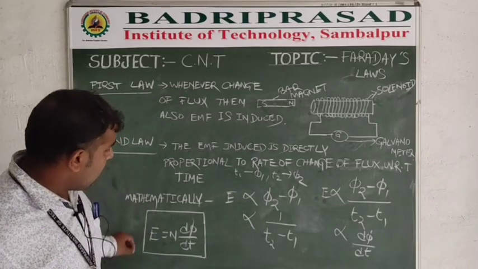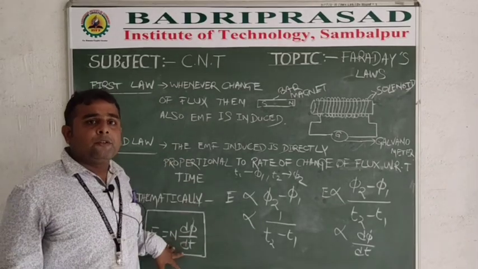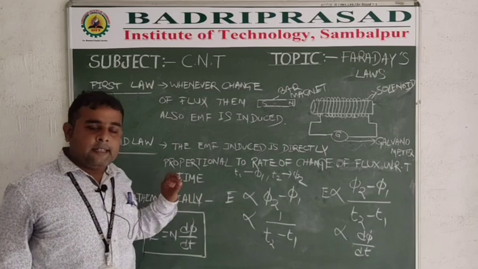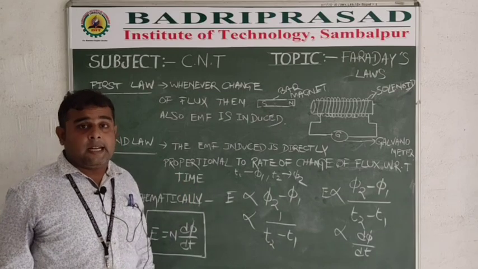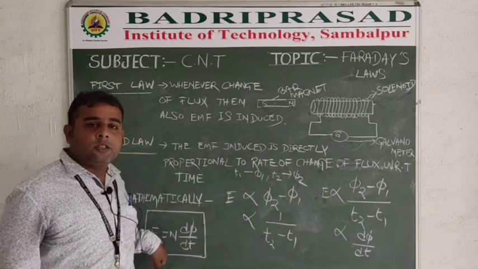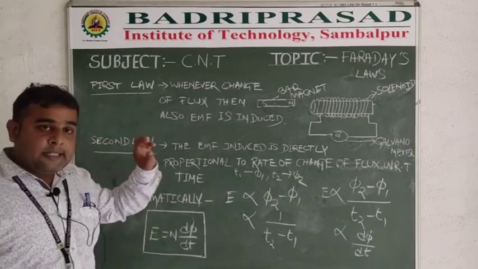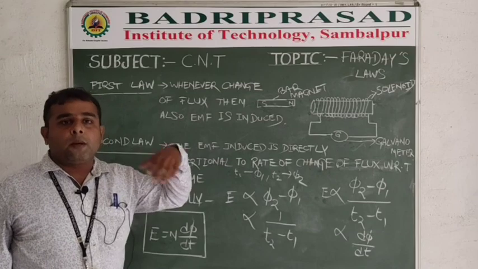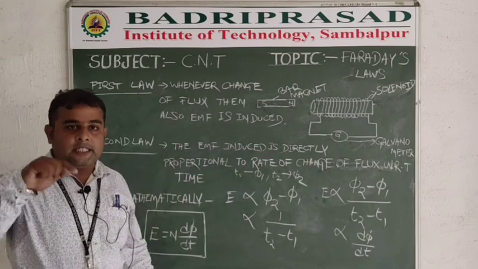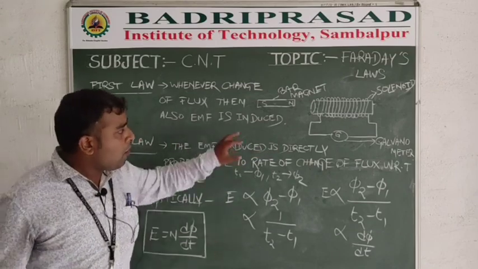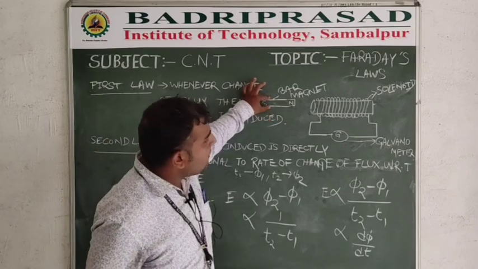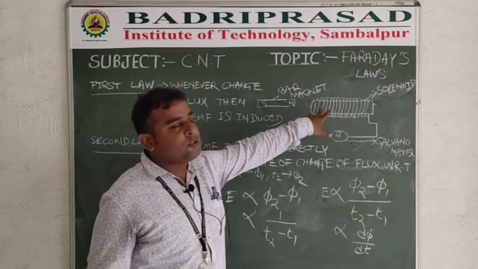According to Lenz, the direction of the induced EMF is such that it opposes the very cause by which it is produced. Very means the change of cause. Here the cause is the relative motion between the bar magnet and solenoid.